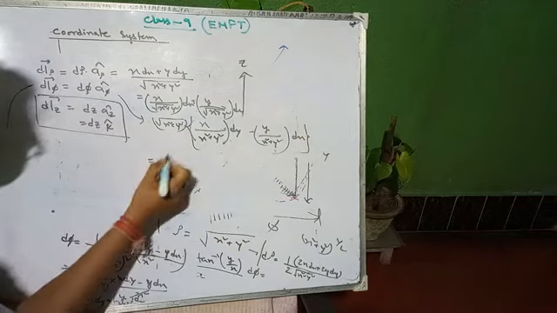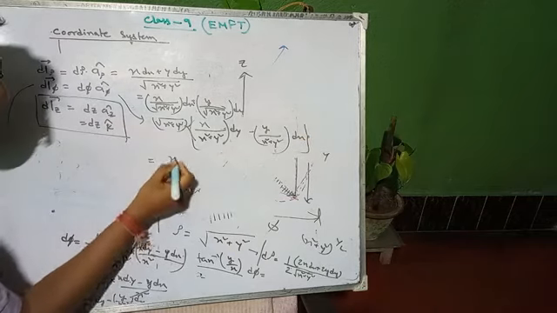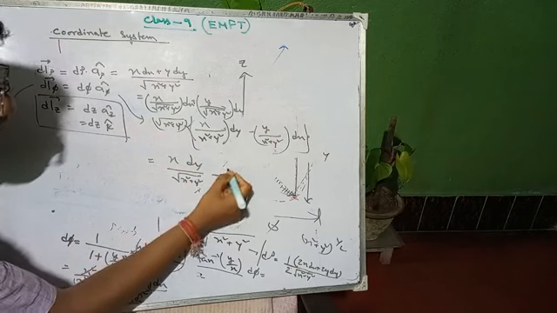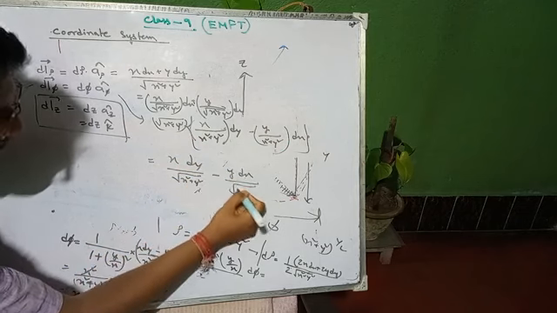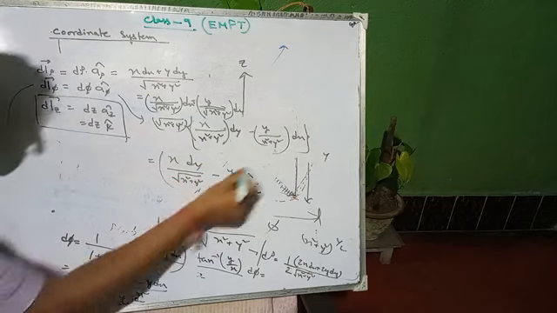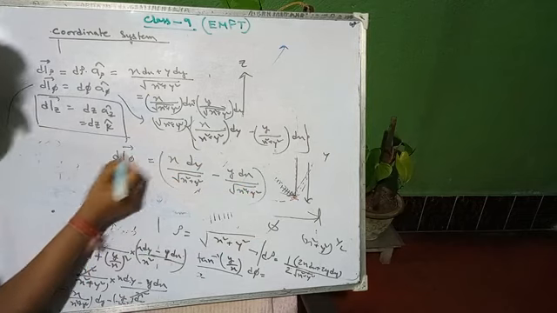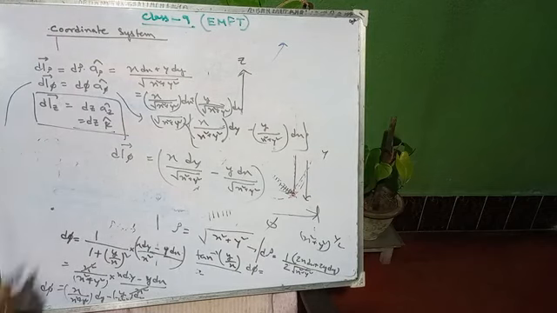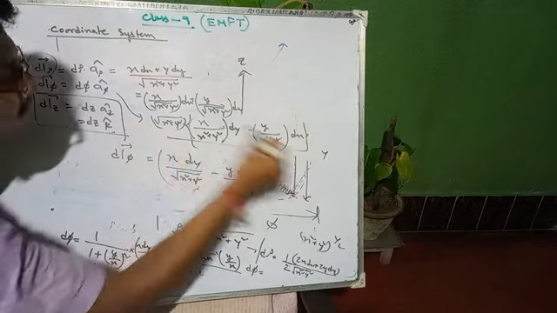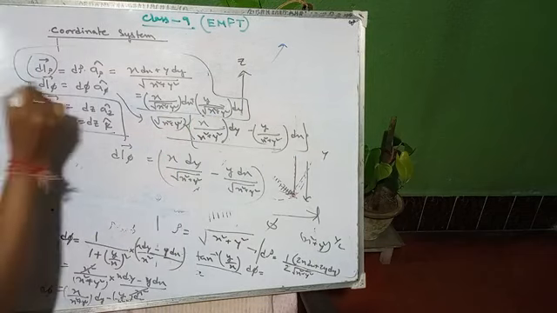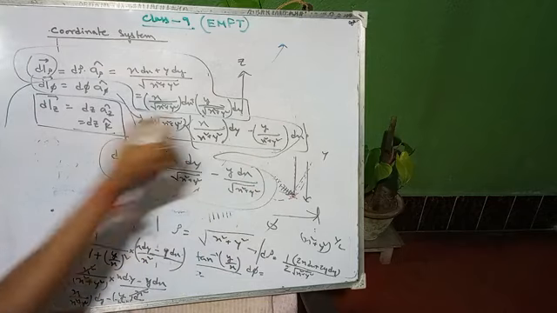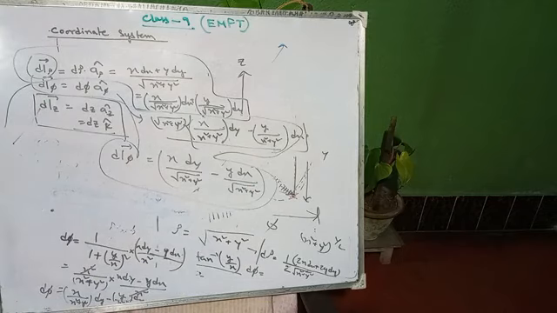Okay, so now again we can cancel out themselves. So x dy by root over of x square plus y square minus y dx by root over of x square plus y square. This is your dl phi vector. Okay, and dz is nothing but this one. So dl rho means this one, dl phi means this one, and dlz means this one. Okay, so this is your cylindrical coordinate system.